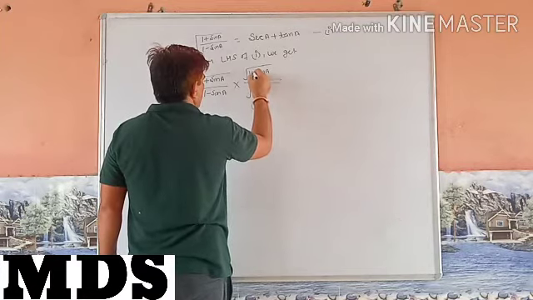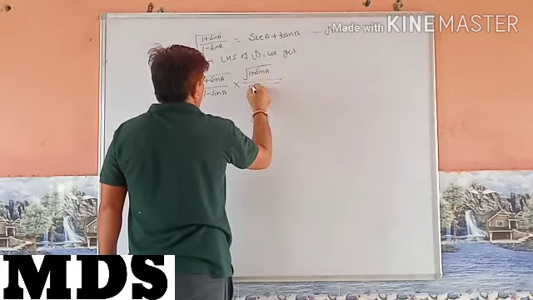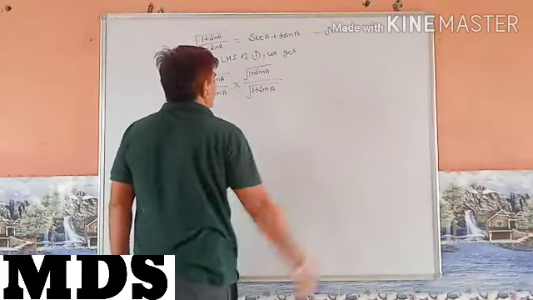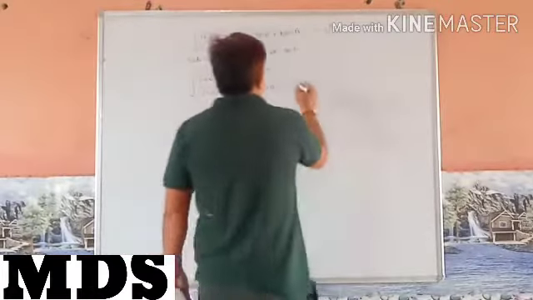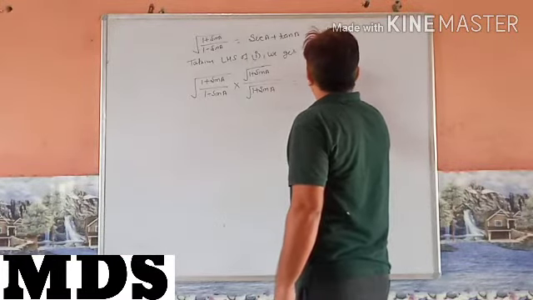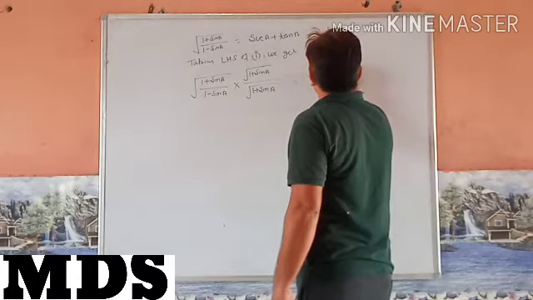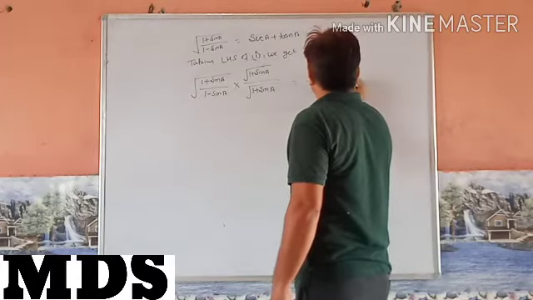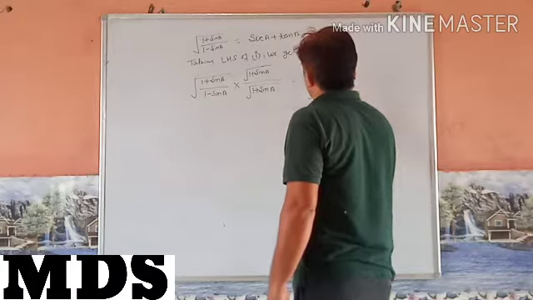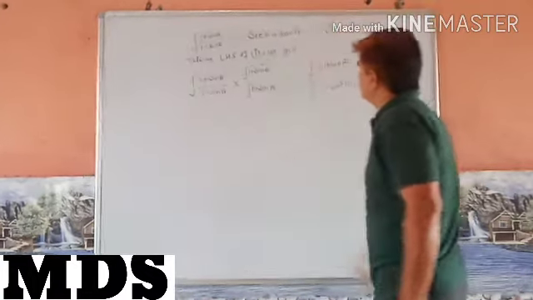The numerator becomes under the root (1 plus sin A) whole square, divided by 1 minus sin square A, like a minus b, a plus b.